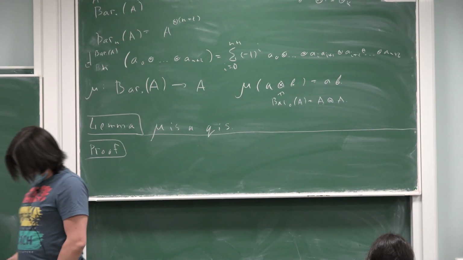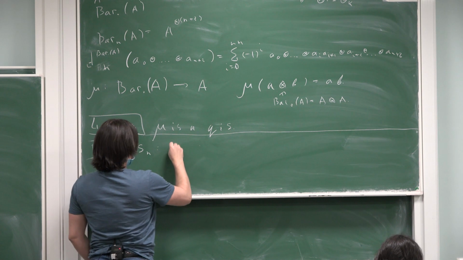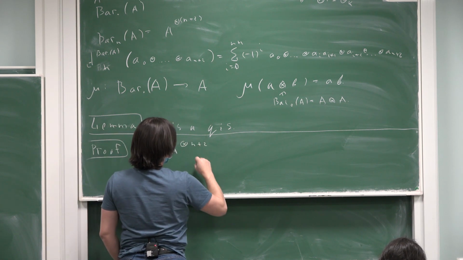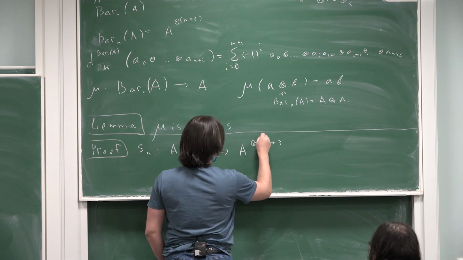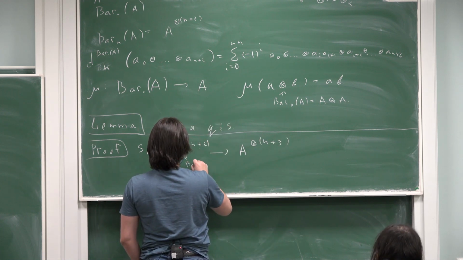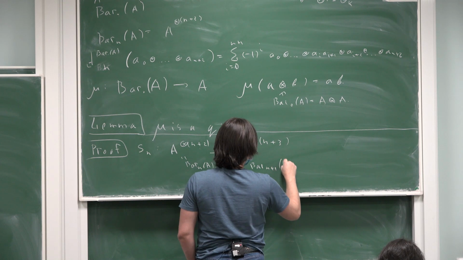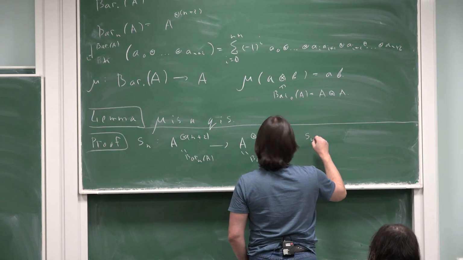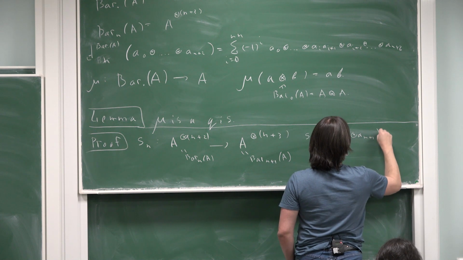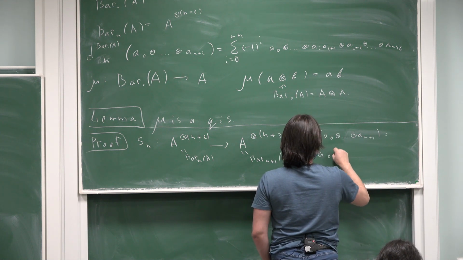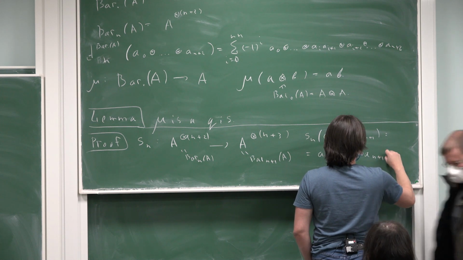We simply define a map s_n from A tensor (n+2) times to A tensor (n+3) times, which is bar n of A to bar n+1 of A, and we define it by the formula s_n of a0 tensor and so on tensor a(n+1) is simply a0 tensor and so on tensor a(n+1) tensor 1.